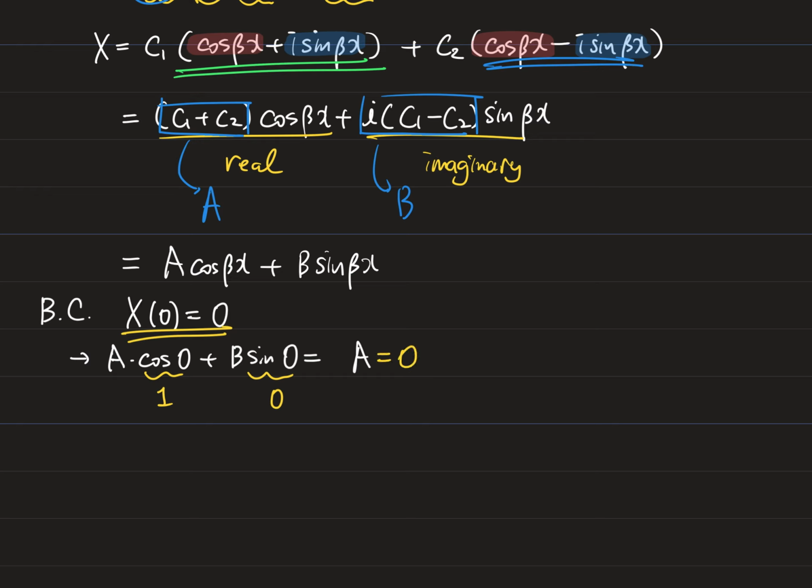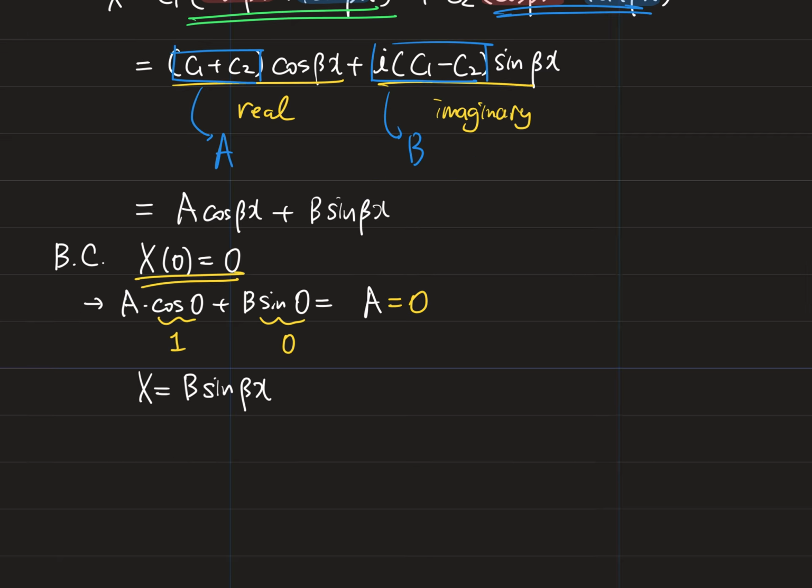So that means the constant A should be 0. So with A equals 0, now our solution is simply B multiplied by sine beta x.